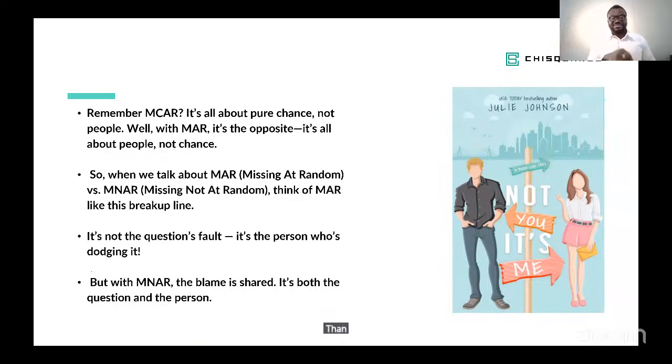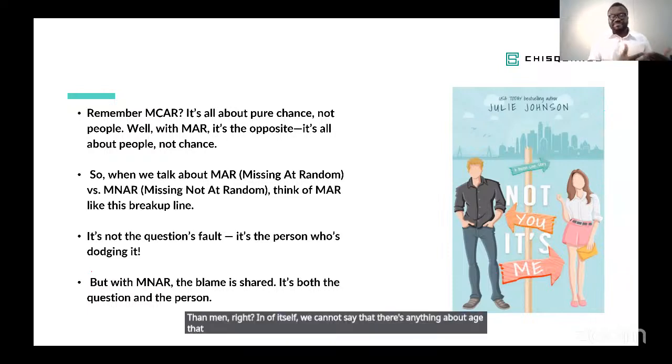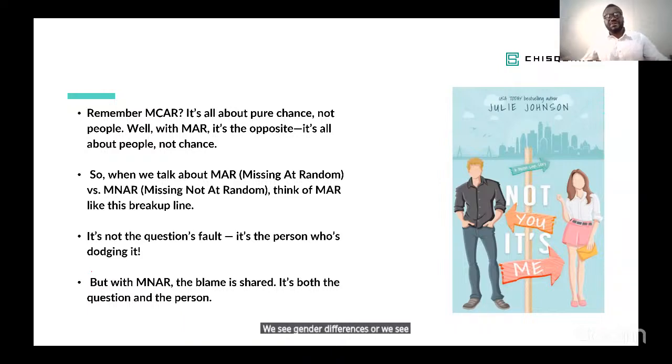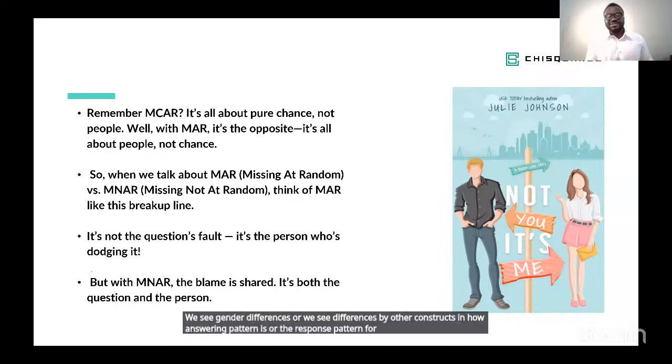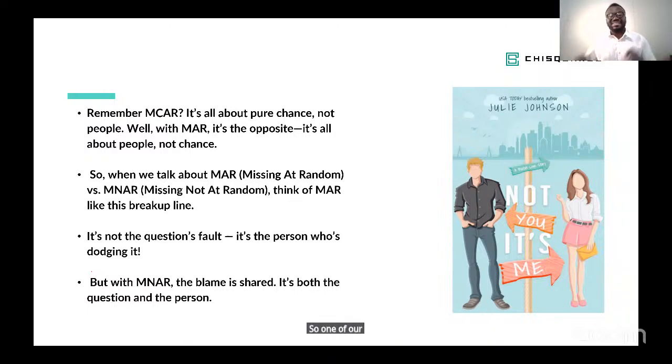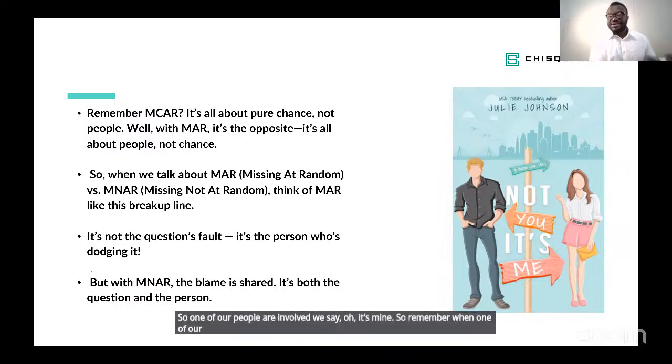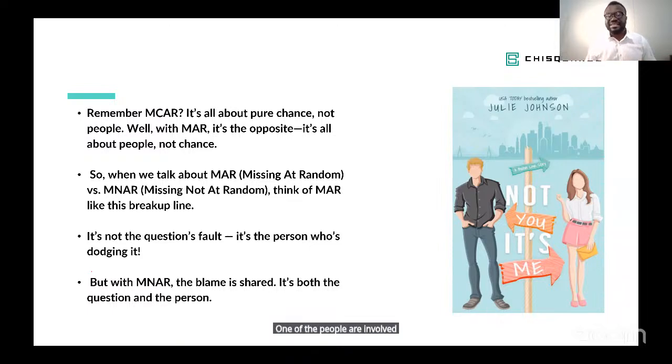In and of itself, we cannot say there's anything about age that triggered people not to answer it, but we see gender differences, or differences by other constructs, in the response pattern for that question. So it's not the question's fault, it's the fault of the people. Whenever people are involved, we say, oh, it's MAR. Remember, whenever chance is involved, we say it's missing completely. Whenever people are involved and there are systematic differences, it shifts more towards missing at random.